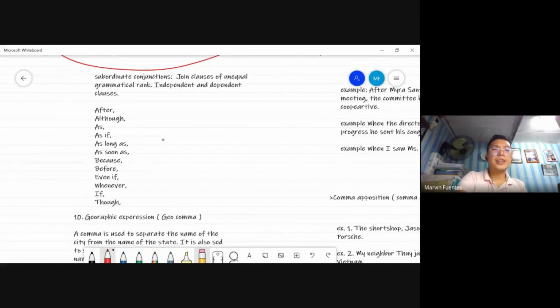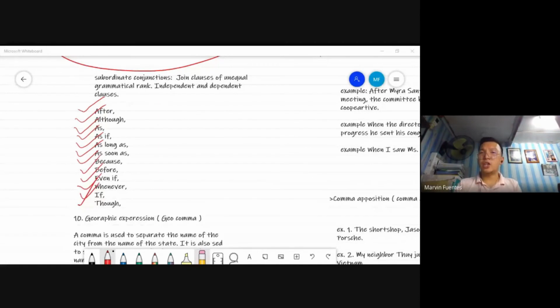So, after, although, as if, as long as, as soon as, because, before, even if, whenever, if, though, no? These are not introductory. Hindi porket nasa umpisa siya, it is an introductory comma. Wrong. These are subordinating conjunctions. Again, it links or connects an independent clause and a dependent clause.